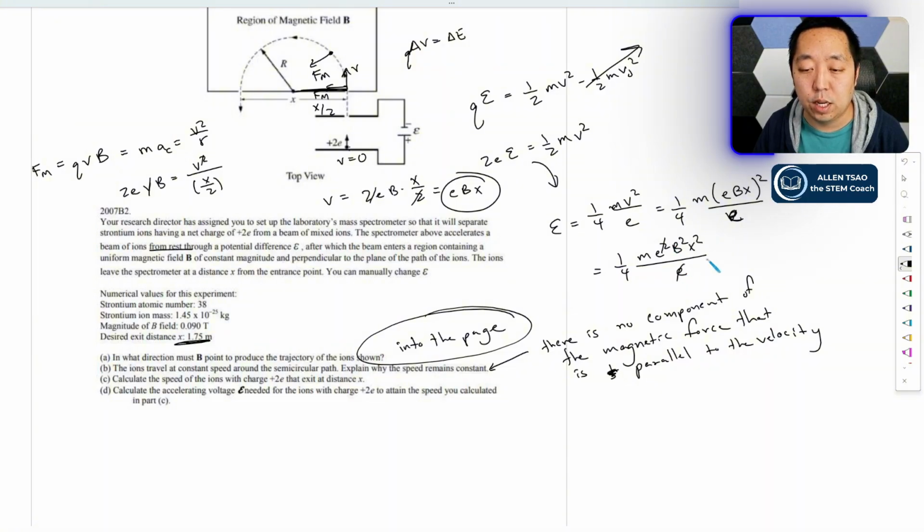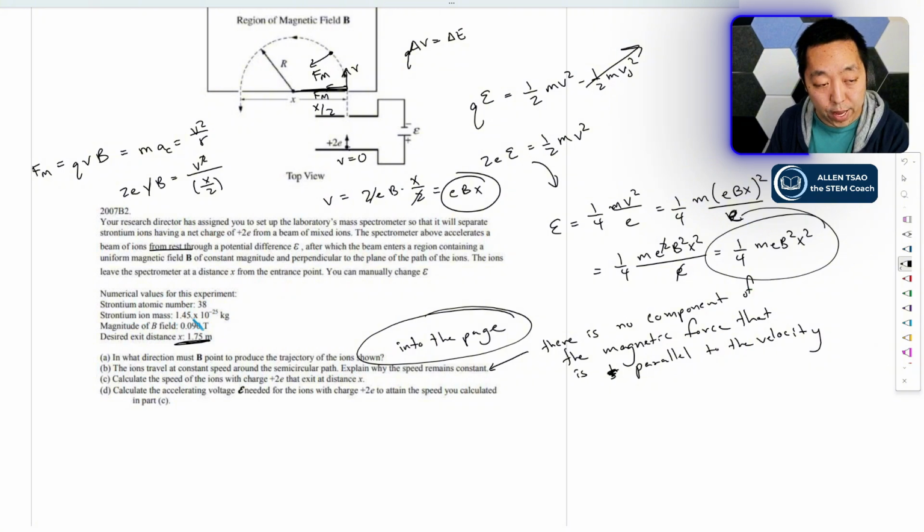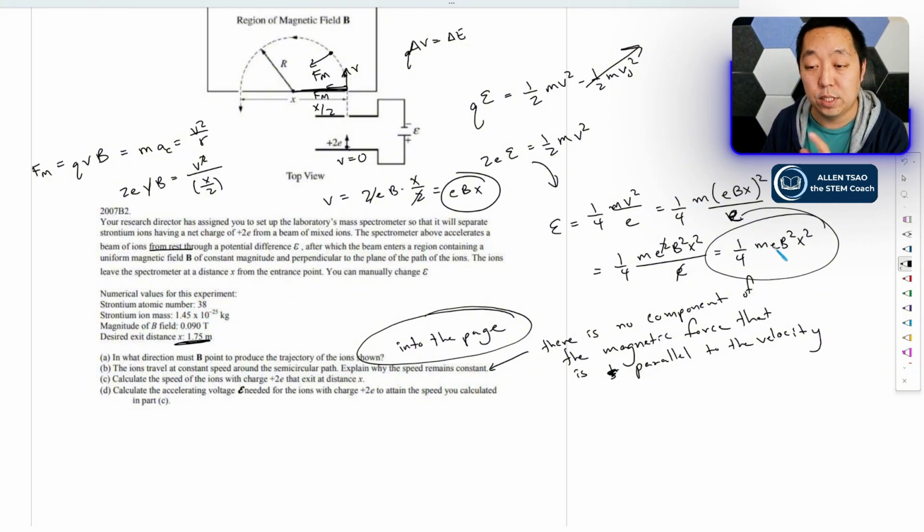One of the e's cancel. Honestly, you just plug in numbers at this point. 1/4 m e B squared x squared. Like that. Okay, and again, you can plug in the numbers that we have here. The mass, electric charge is 1.6 times 10 to the negative 19. We know B, we know x.